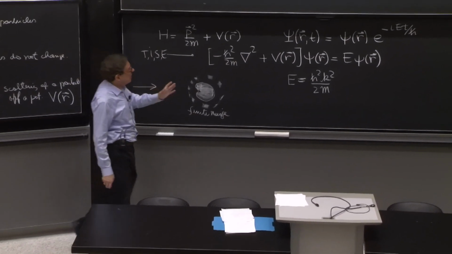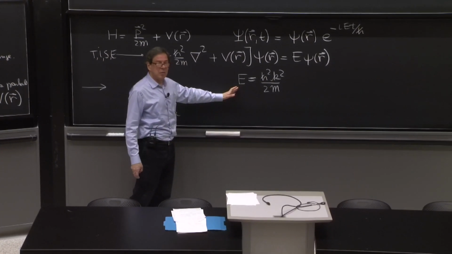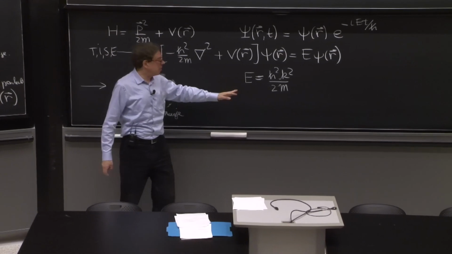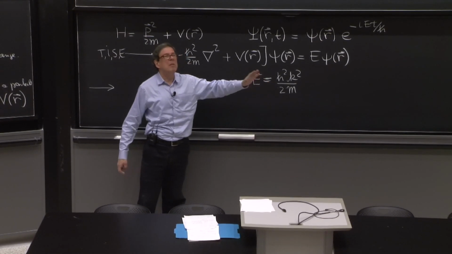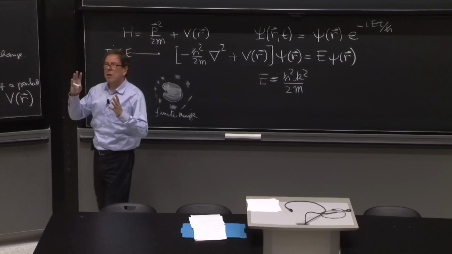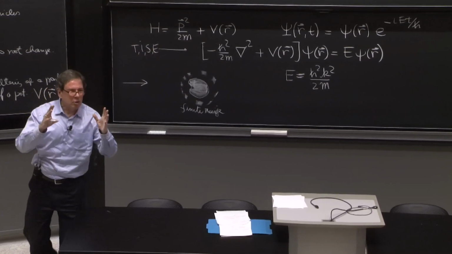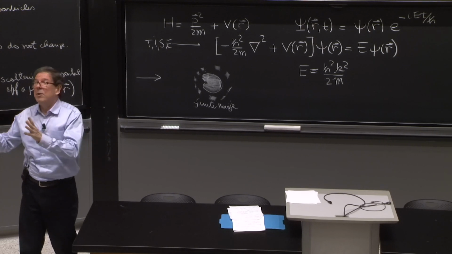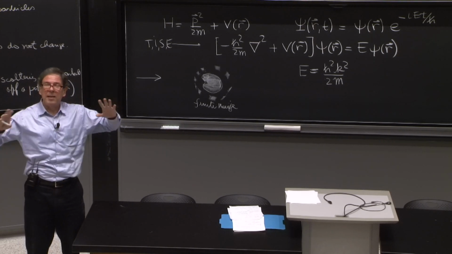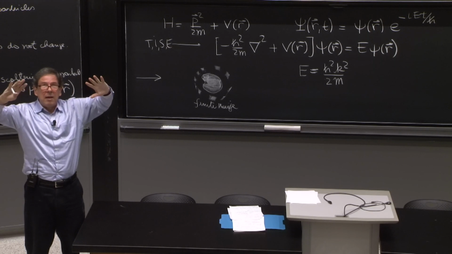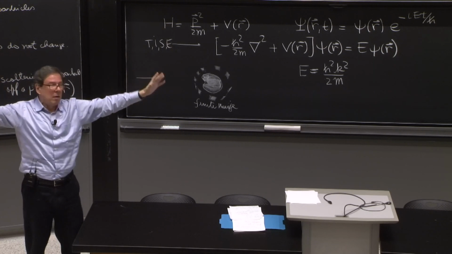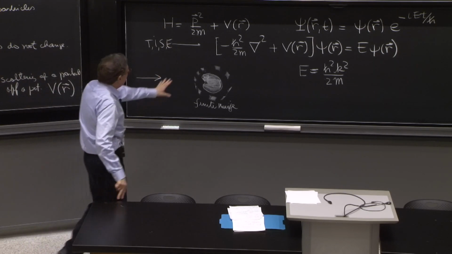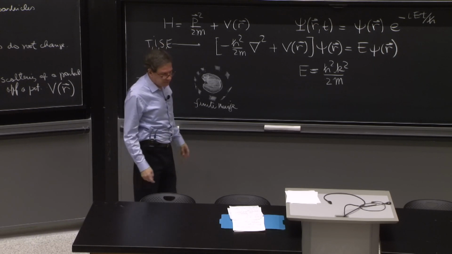So it's another label for the energy. At this point, it looks like I've done something, but I haven't done much except to begin an intuition process in your head in which somehow these are going to be related to energy eigenstates that have some momentum as they propagate all over space.